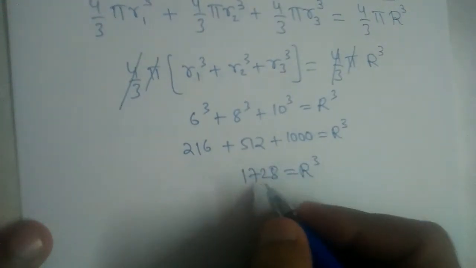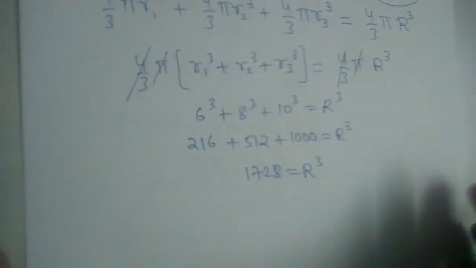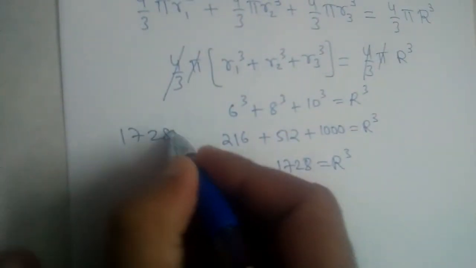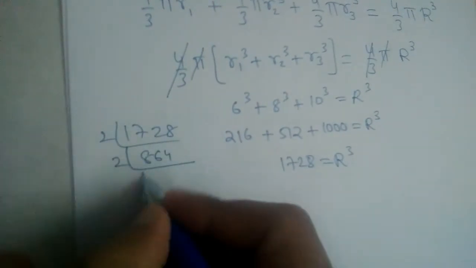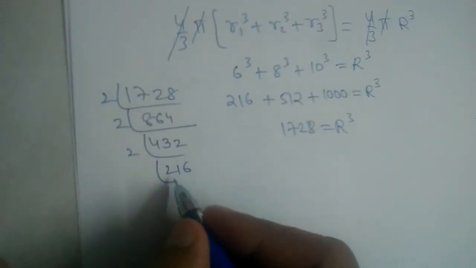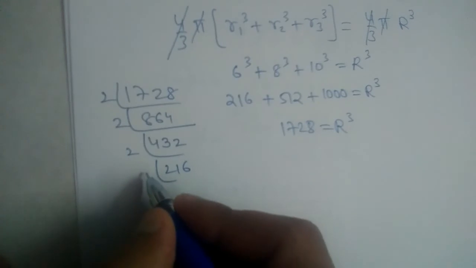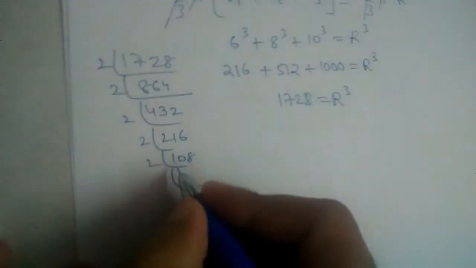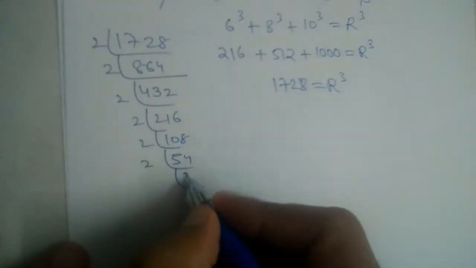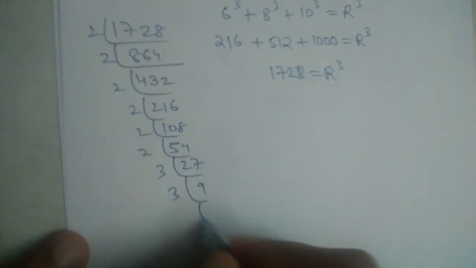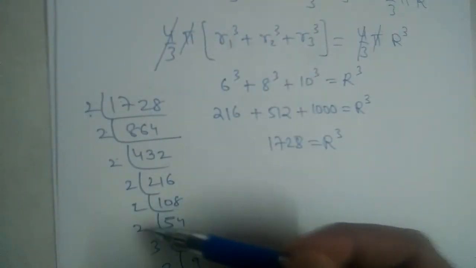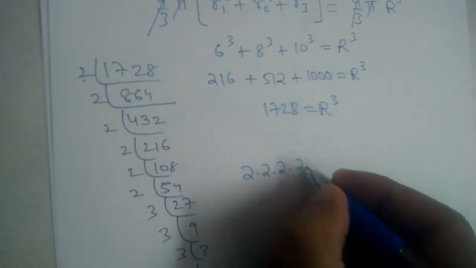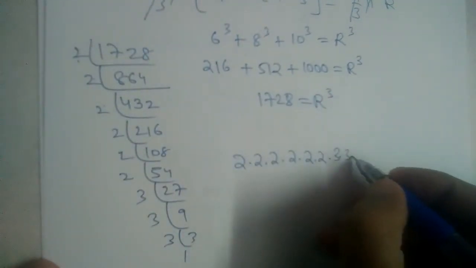Now we need to find the cube root of this 1728. Let us use prime factorization. 1728 divided by 2 is 864, then 432, then 216, then 108 and 54, then 27, which is 3 times 9, and 9 is 3 times 3. So 2 appears 6 times and 3 appears 3 times.